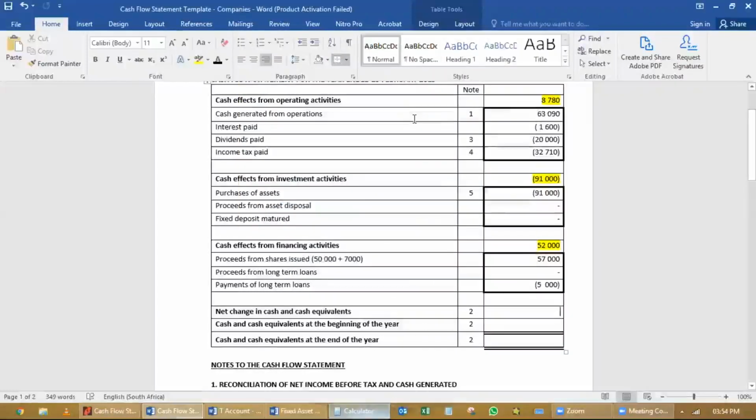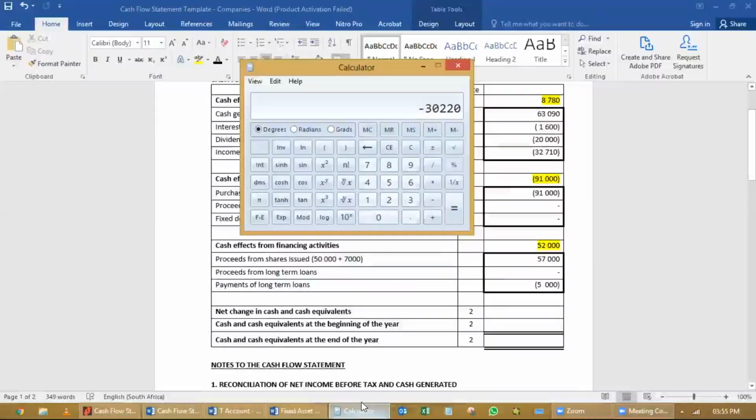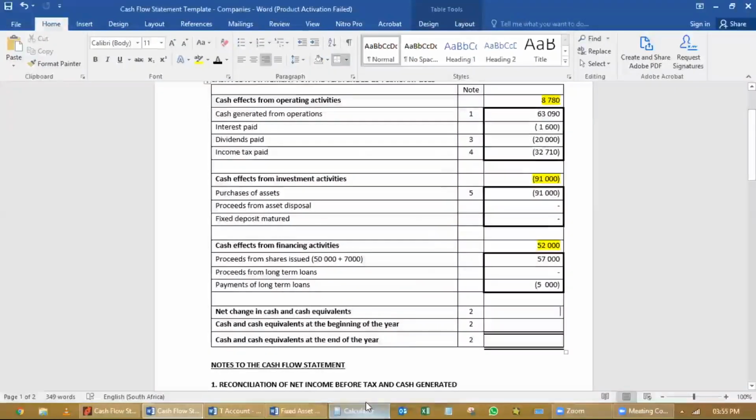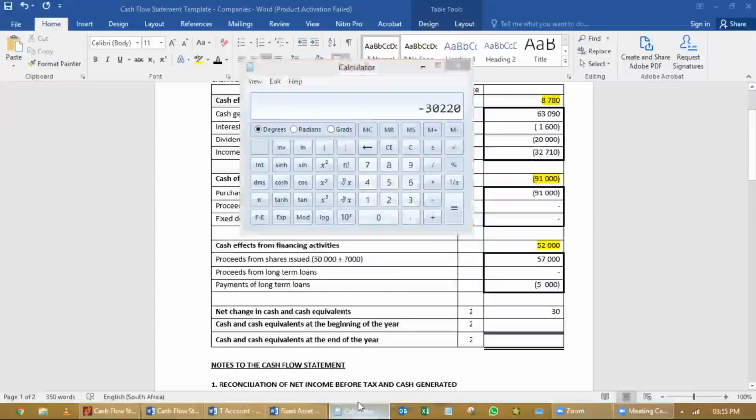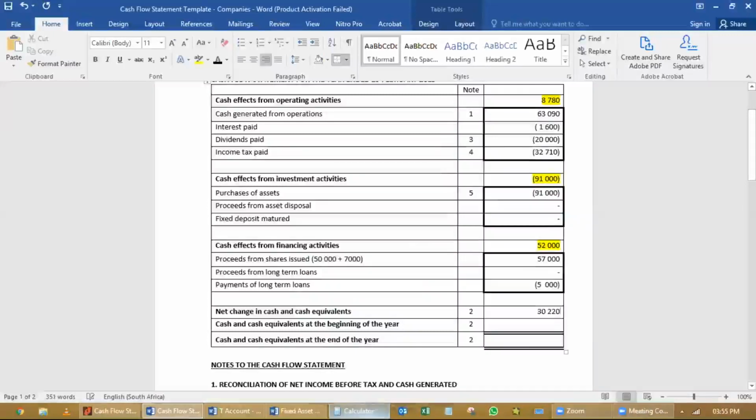Let me just see. How much was that? 3220. Wait, let me see. 3220, yes. But it's a negative change, so it needs to be in brackets.